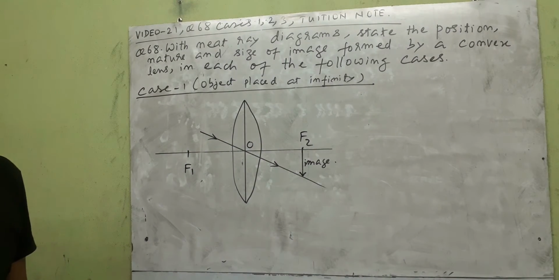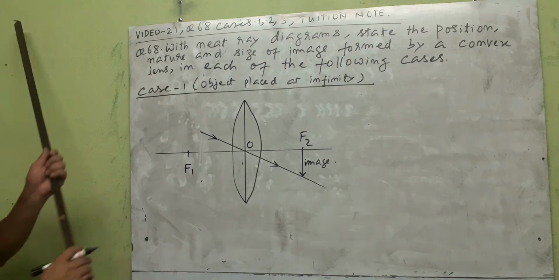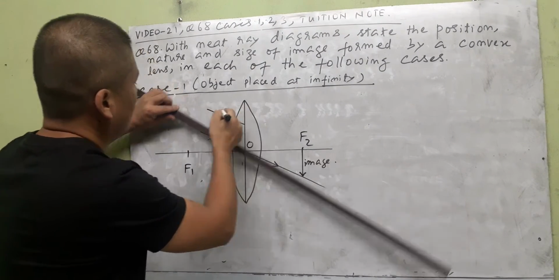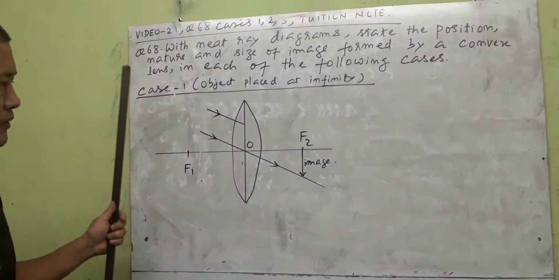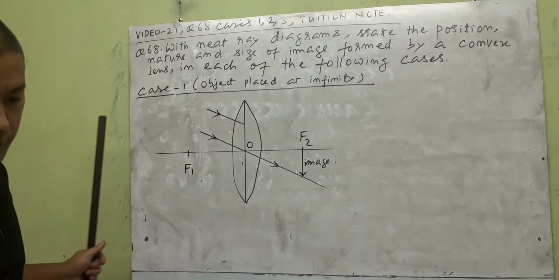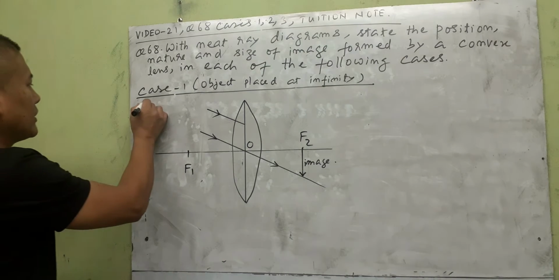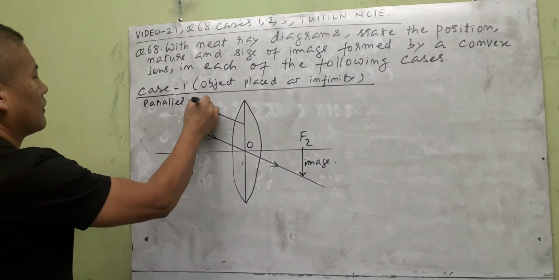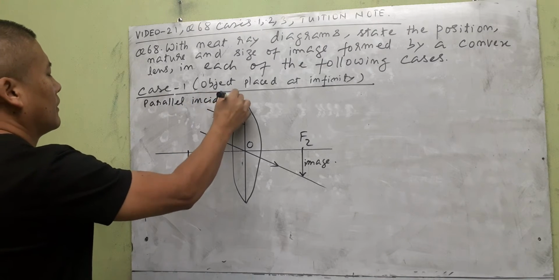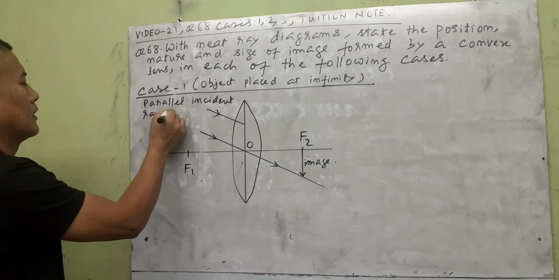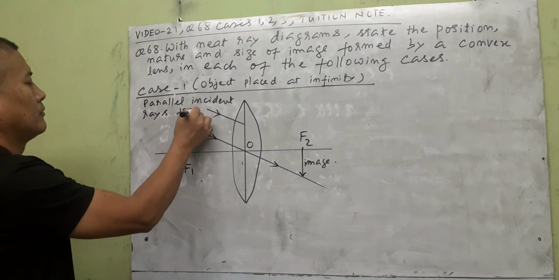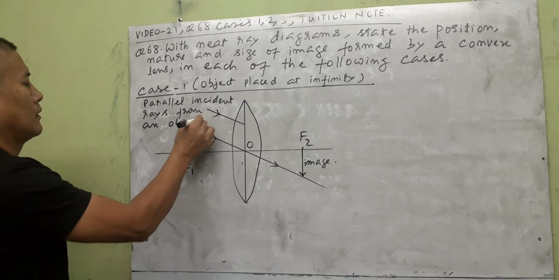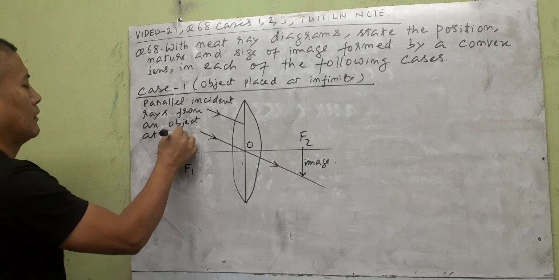So do that. Since we need only 2 rays to get an image, the next ray also will come parallel to the first one, because we know rays coming from an object at infinity come parallel to each other. So we can write here: parallel incident rays from an object at infinity.